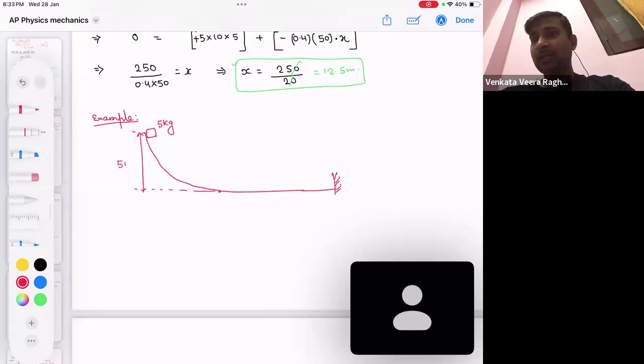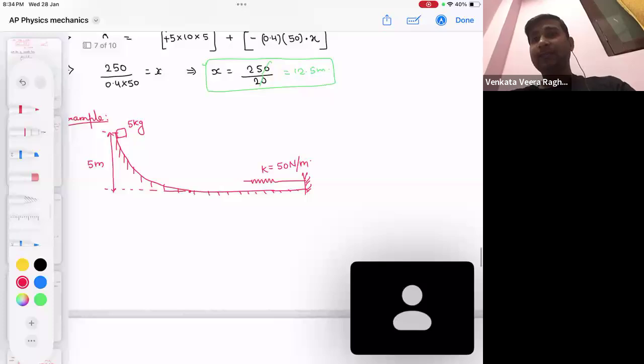The height is given as 5 meter, but here the difference is that there is a spring connected here. The spring constant is given as 50 Newton per meter for the spring, ideal spring. Everywhere smooth surface is there, no friction in this question.